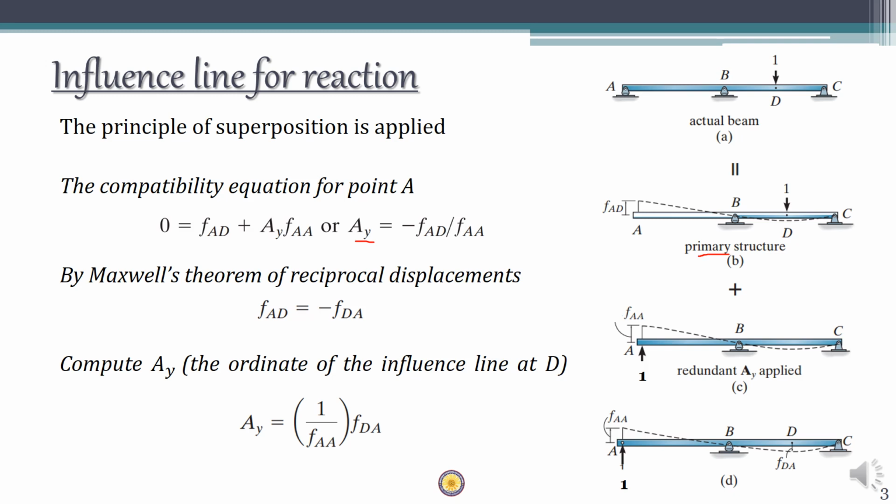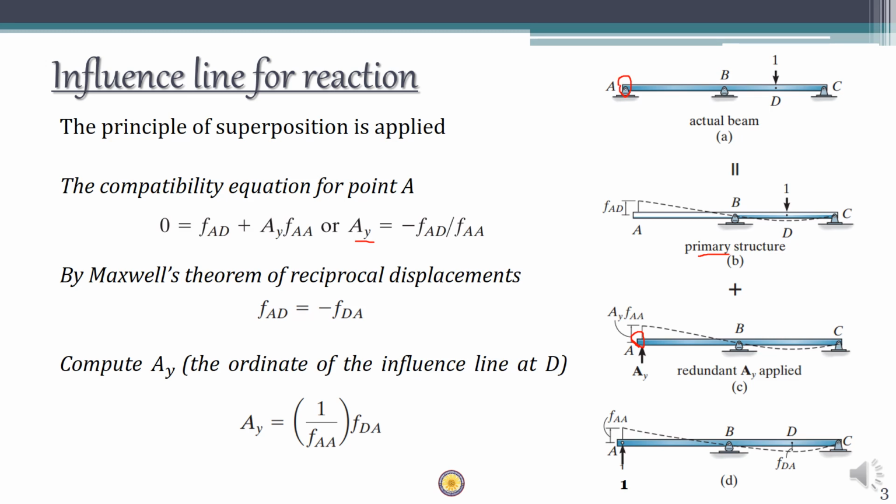So actually at this point there was a redundant reaction which was AY, so if you apply that AY, you will get the total displacement to be AY into FAA, right? So you can consider the compatibility condition at A, which was that the total displacement at A was 0. Now here we have two displacements, which are FAD and AY into FAA.